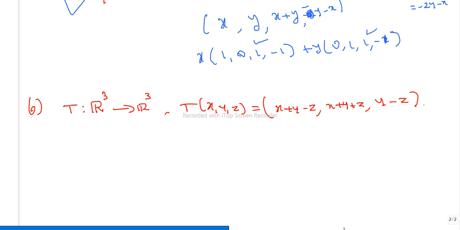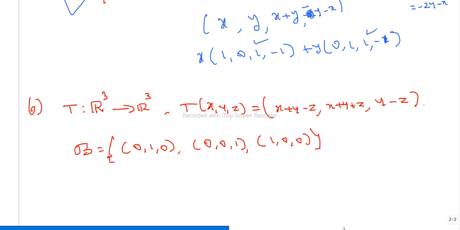With respect to this basis, the basis they gave in the order is (0, 1, 0) as the first one, (0, 0, 1) as the second one, and then (1, 0, 0) as the third one. Anyway this is the standard basis, but it is given in some order. So then the matrix of the linear transformation with respect to the ordered basis is this one.